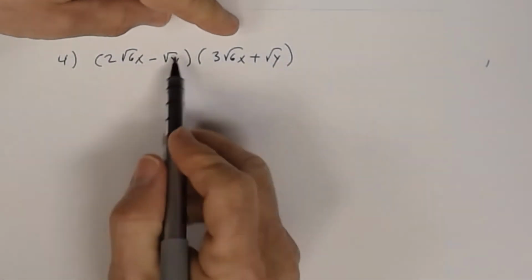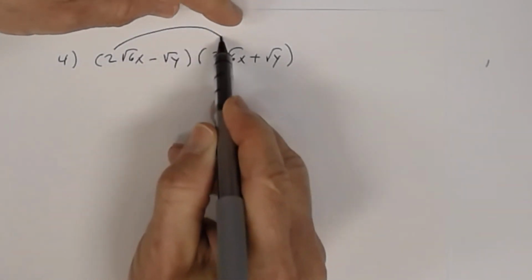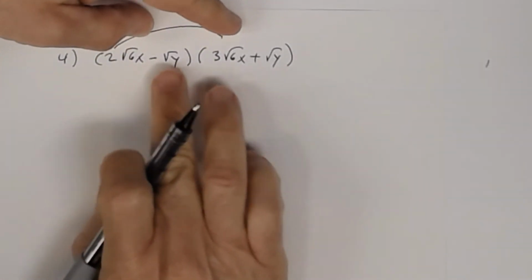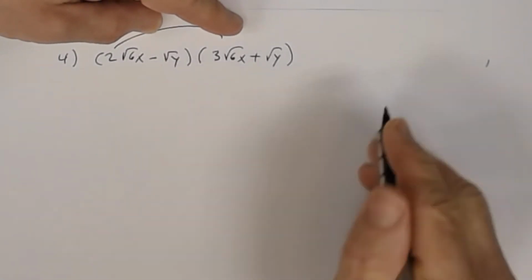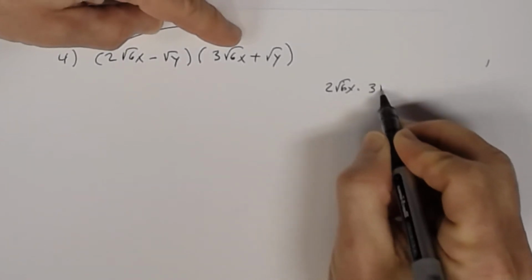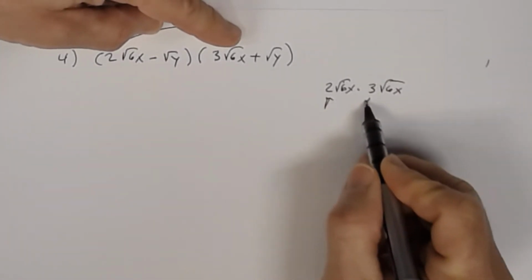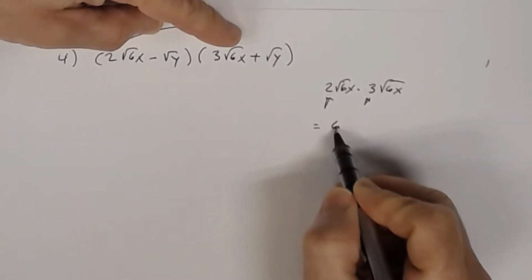Again, you have two terms times two terms, so we can use the FOIL method. Now let's think about the first. You have this times this, so write it out: 2 square root of 6x times 3 square root of 6x. 2 times 3 is 6.